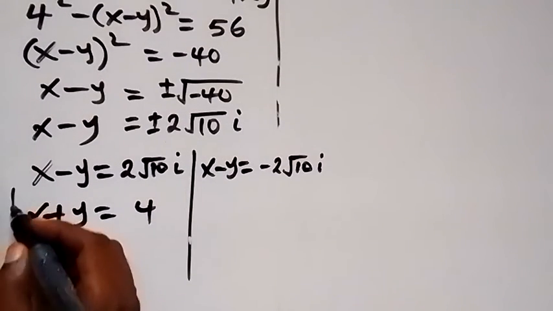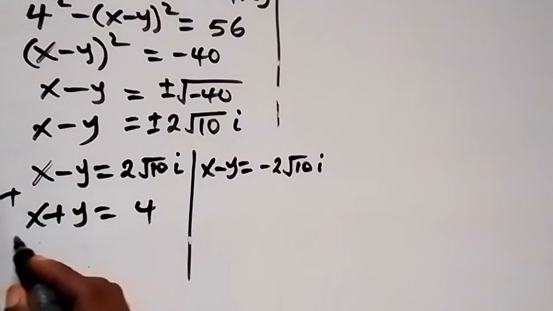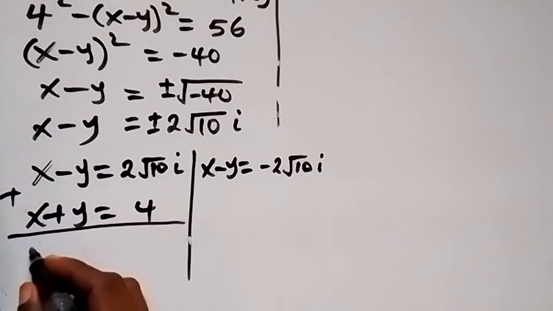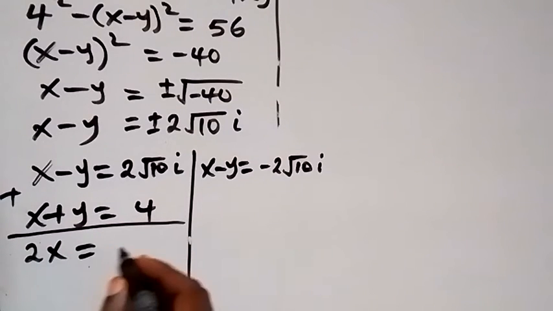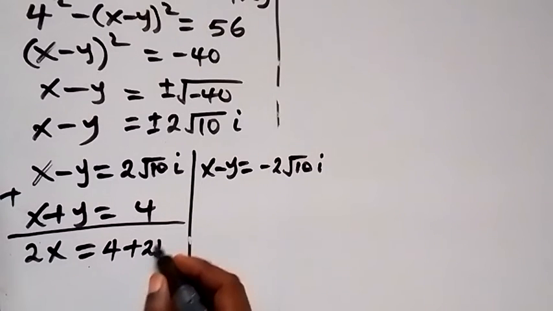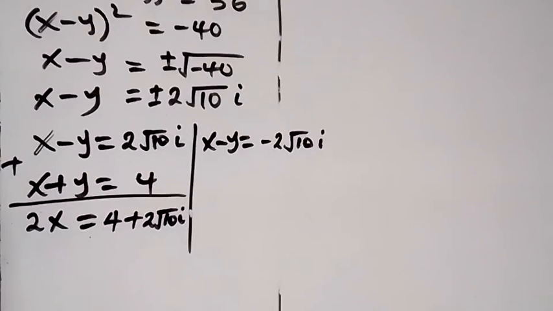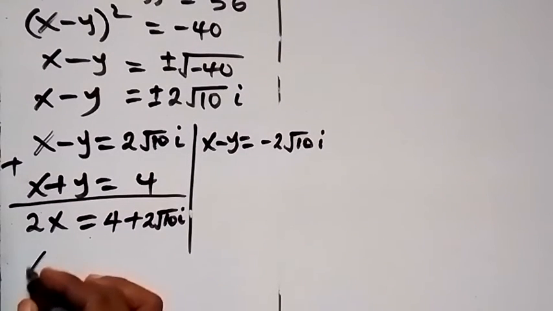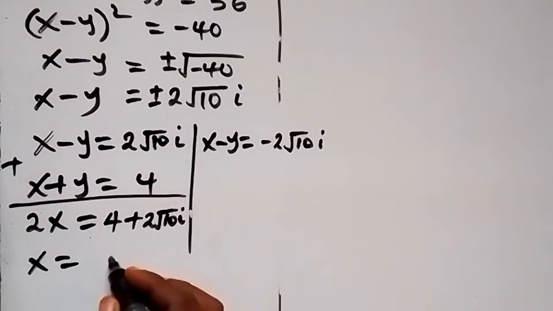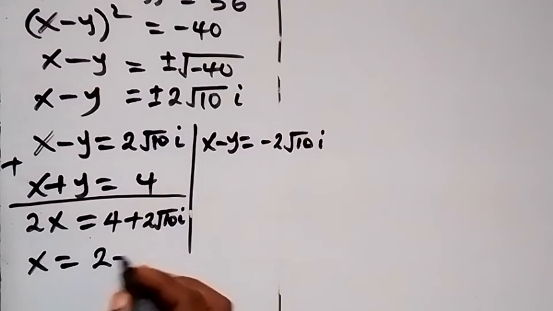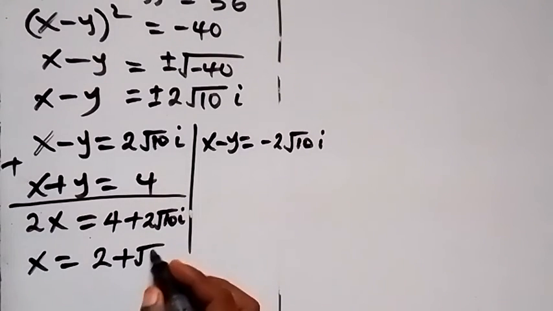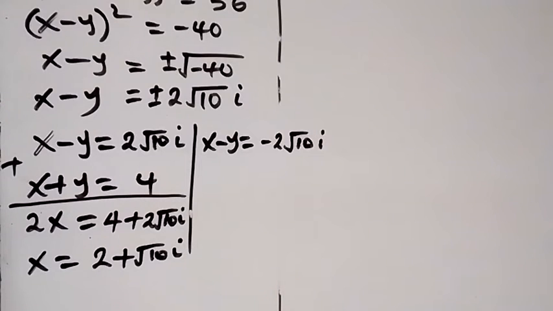So let's add first in these two equations. Then we eliminate y. So we have 2x equals, when we add it, 4 plus 2 root 10i. And then, since we are finding x, we divide by 2. Then here we have x equals, when we divide through by 2, that will be 2 plus root 10i. So this is x for this side.